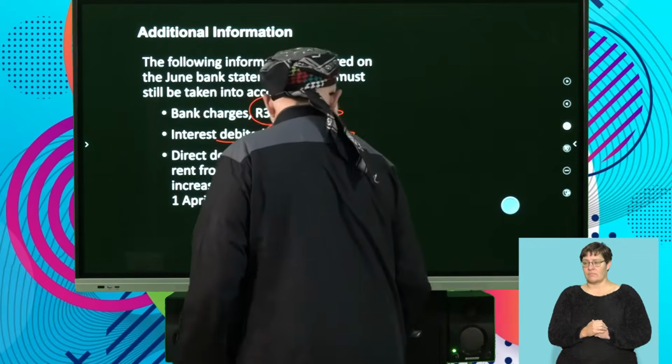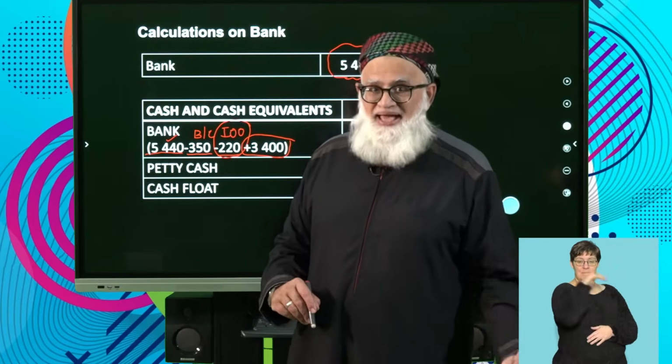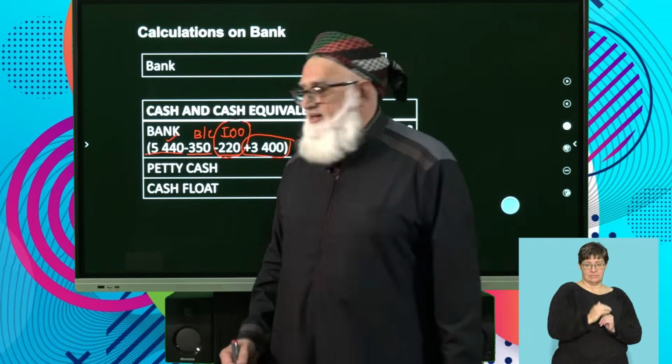Therefore, we say 5,440, which was my starting figure, minus the bank charge, minus the interest on overdraft, and plus the 3,400. Clearly you can see that that was your rent amount that was directly deposited into your bank account, so obviously it's going to increase your bank account.